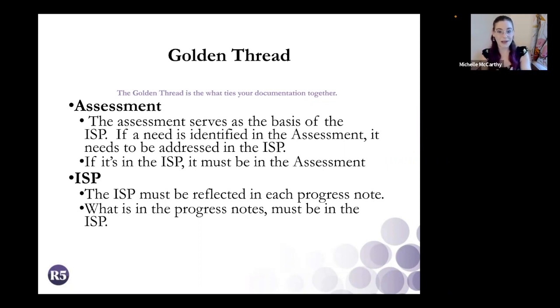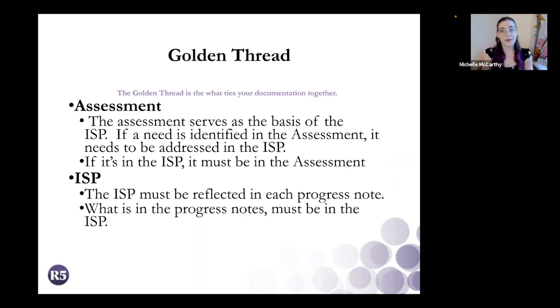Likewise, the treatment plan should be reflecting the needs identified on the assessment. In the assessment, if we are identifying depressive symptoms and mood dysregulation, issues with socializing, the treatment plan should be addressing those needs.